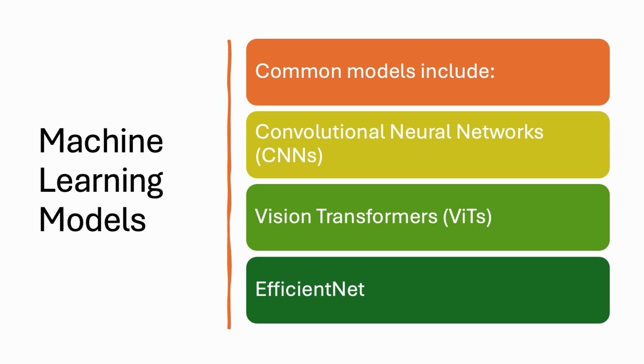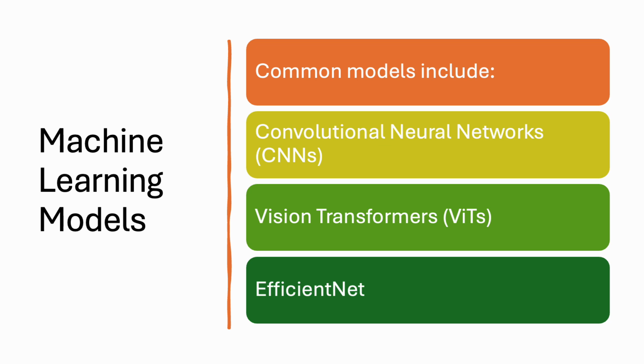To perform image classification, we need machine learning models. Some of the most common models include convolutional neural networks. CNNs are the backbone of image classification. These use convolutional layers to detect patterns in images, making them highly efficient for tasks like recognizing objects, animals or faces.